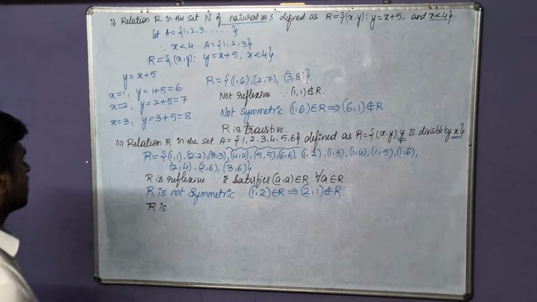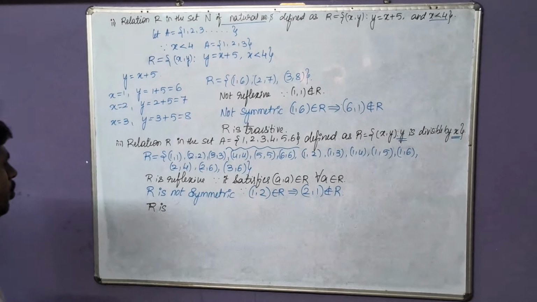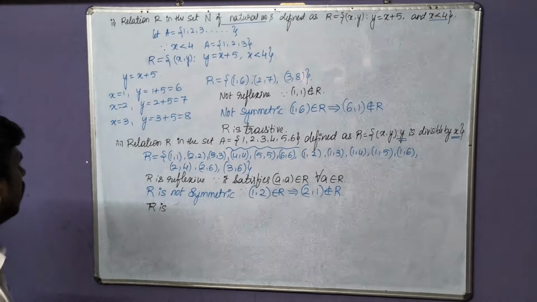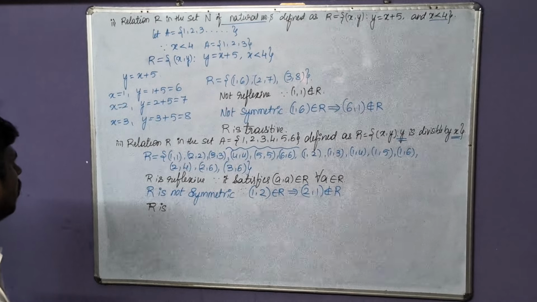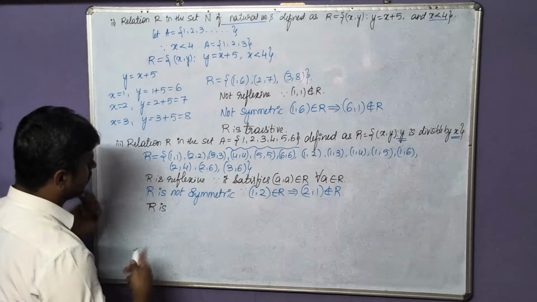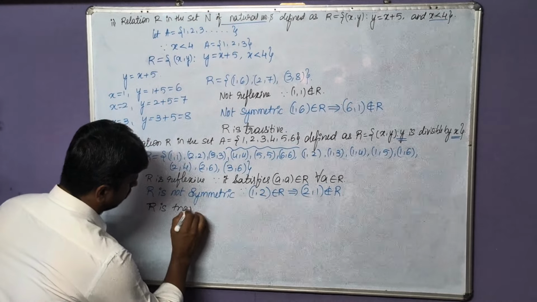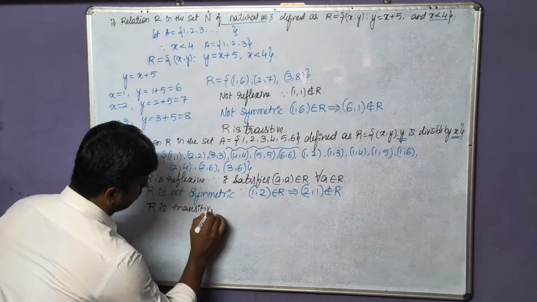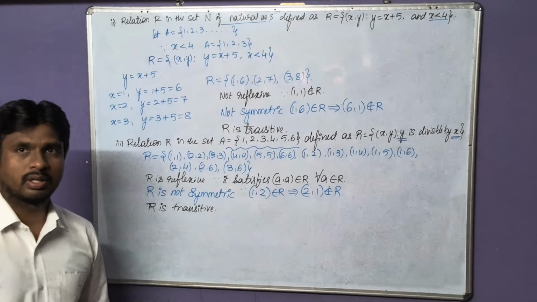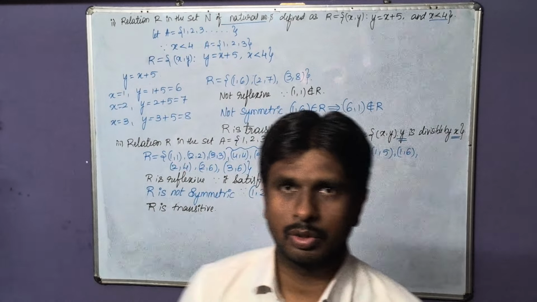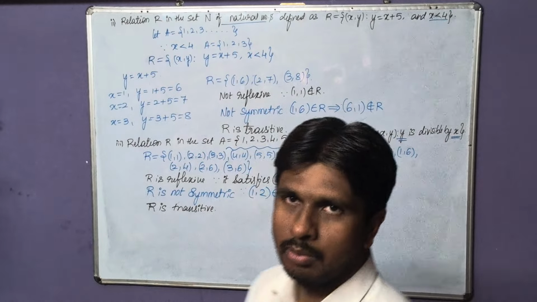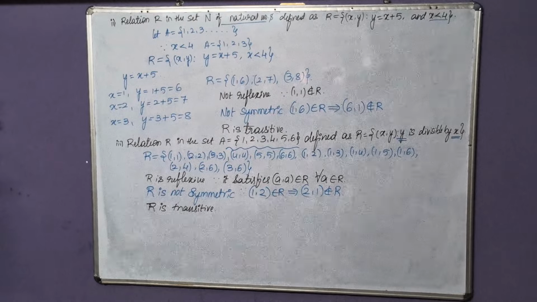Cross check for each and every element, not only one or two ordered pairs. So in this case, we can say that the given relation R is transitive, because it is satisfying the given condition for transitivity. When (a, b) and (b, c) belong to R, obviously (a, c) belongs to R, so the relation becomes transitive.